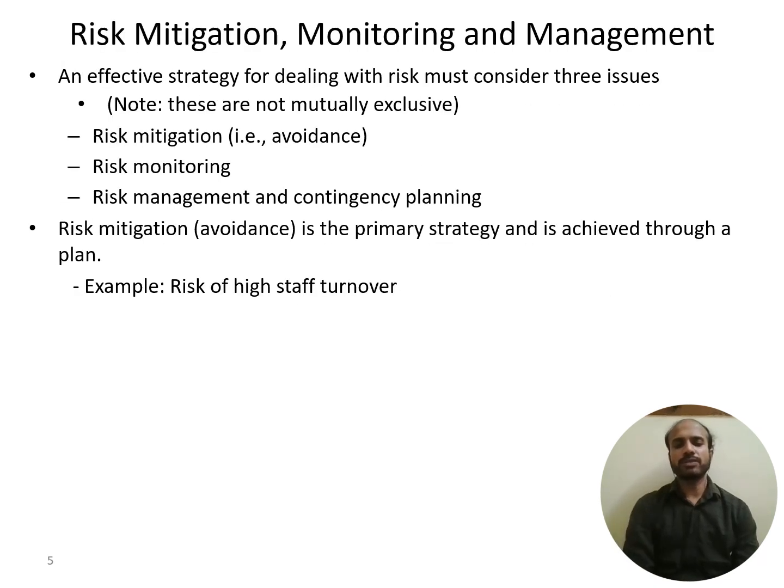So RMM, that is risk mitigation, monitoring and management, is an effective strategy for dealing with risk and must consider these three aspects. They are not mutually exclusive. So risk mitigation, that is avoidance; risk monitoring; and risk management and contingency planning.